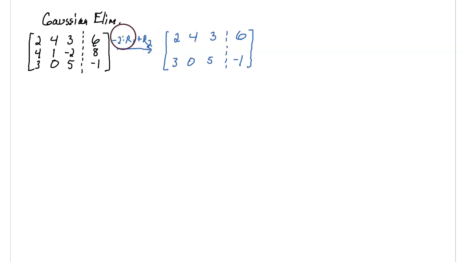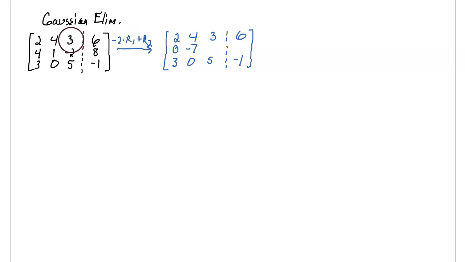When performing this row operation, row 1 and row 3 will not change. Row 2, however, will change. Negative 2 times 2 is negative 4, and negative 4 add 4 is 0. Negative 2 times 4 is negative 8. Negative 8 add 1 is negative 7.